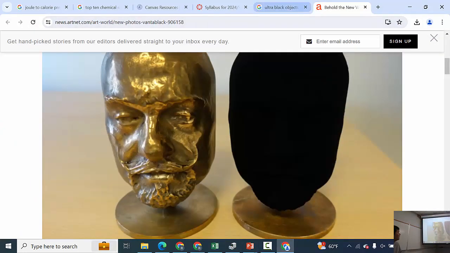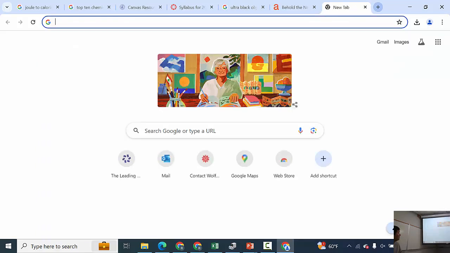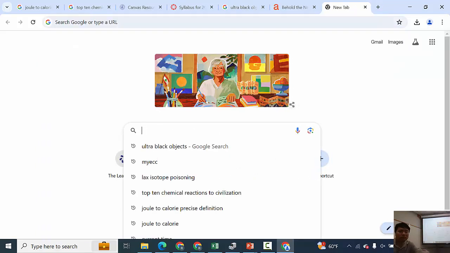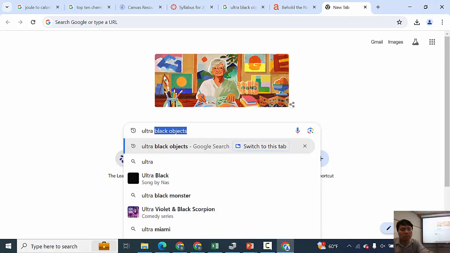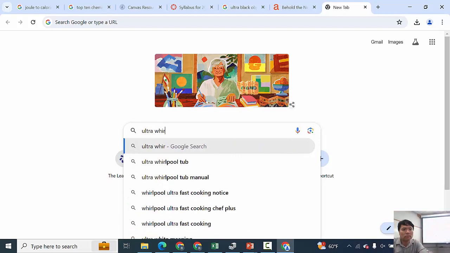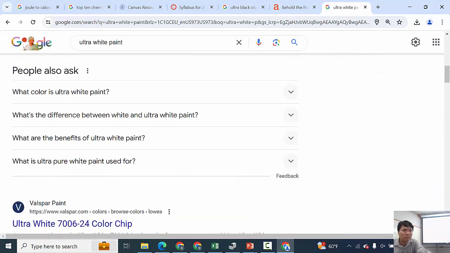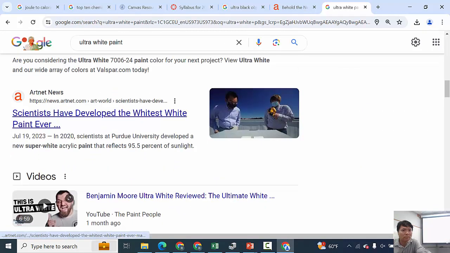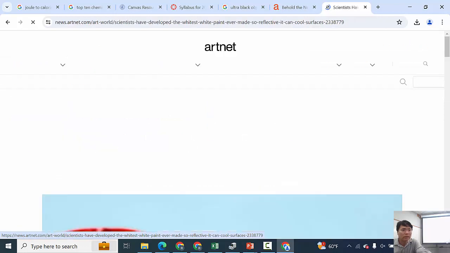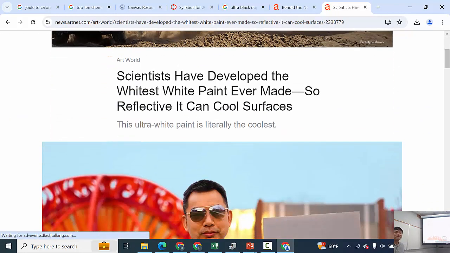This is ultra black. There's ultra white. These are already commercially available. This is really pretty recent.